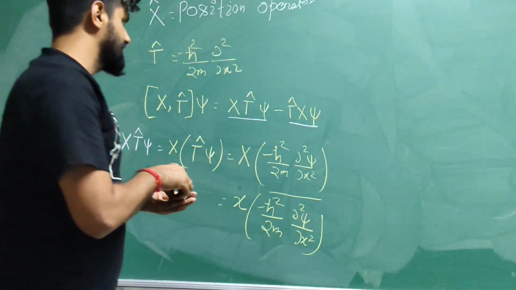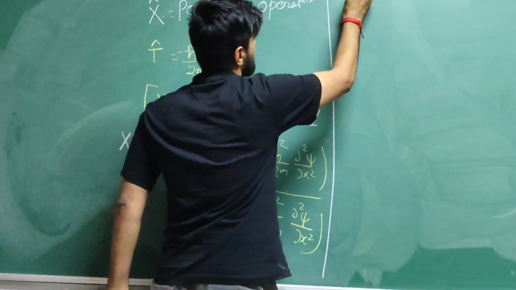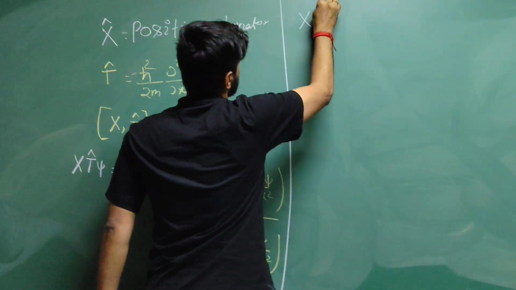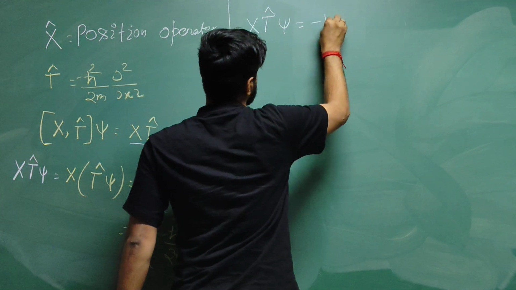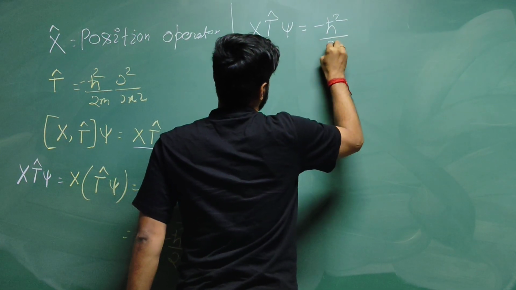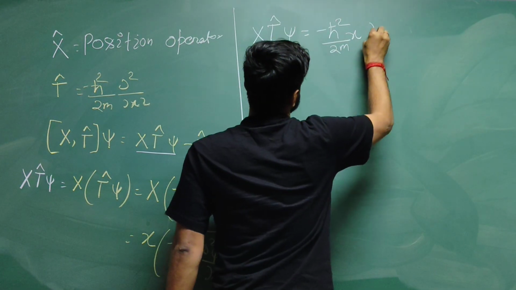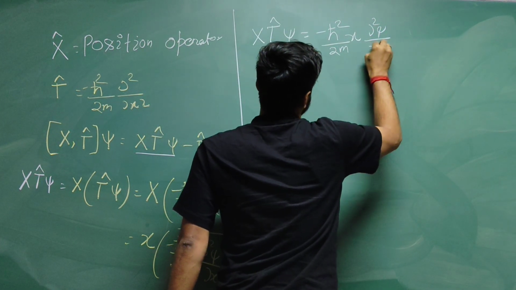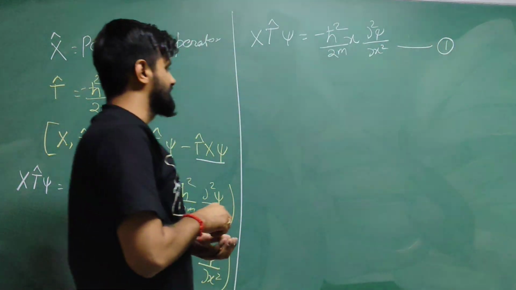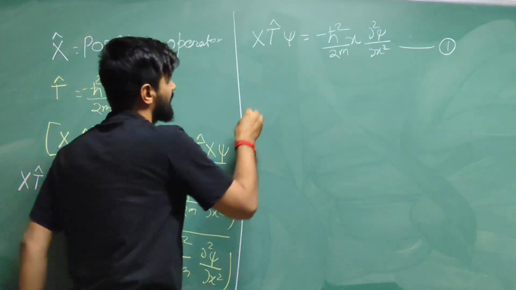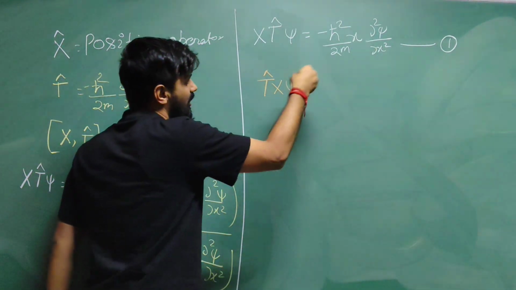So finally, the result of x T cap psi equals minus h square divided by 2m into x del 2 psi by del x square. Let's assume this is my equation first. Now I'll talk about how T cap x psi operates.